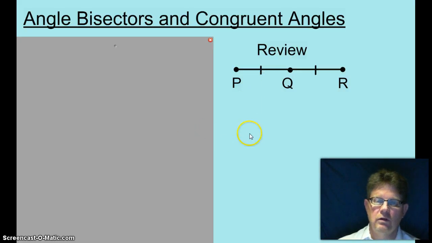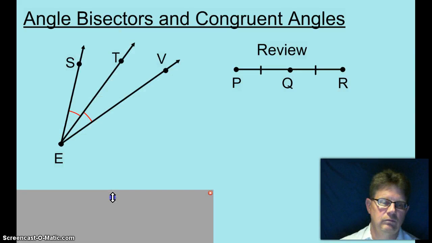segments are congruent. Well, we can do the same thing with angles. Here we have arc marks, and sometimes you will see those arc marks drawn like that, and sometimes you'll put single tick marks like that.